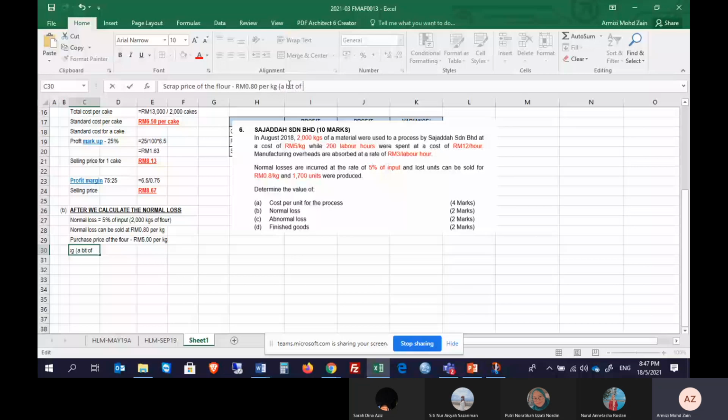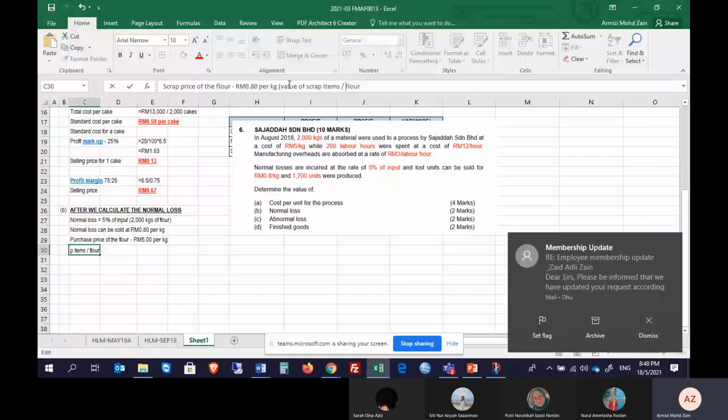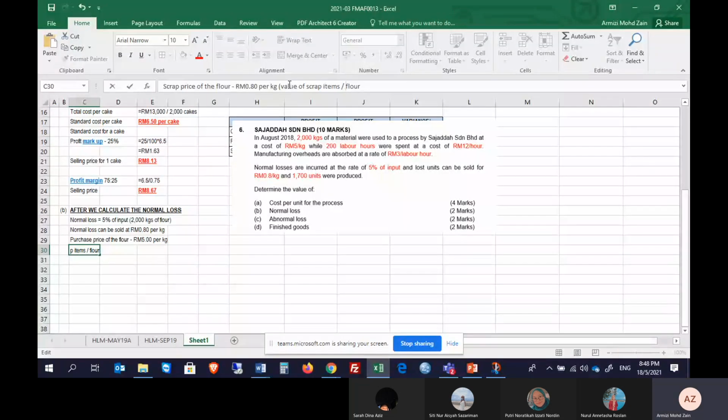So you have some value of scrap items. Okay, kalau dalam ni flour lah, yang flour broken flour, yang flour tepung yang rosak, tepung yang tak boleh dipakai.